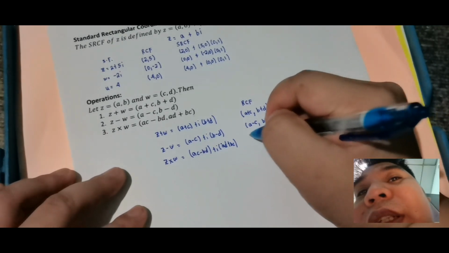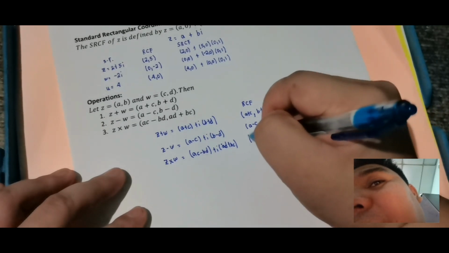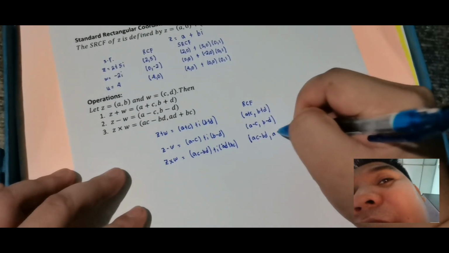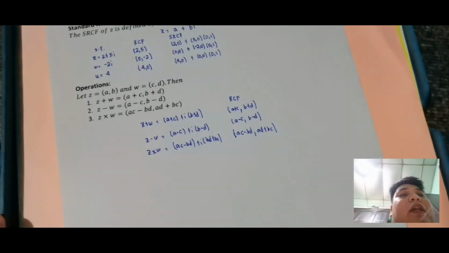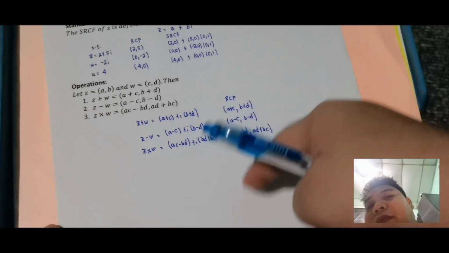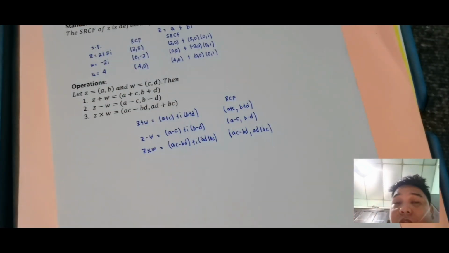So in RCF, this is ac minus bd, ito yung first coordinate, then ad plus bc. Okay, so huwag kalimutan yung formula yan. So para mapadali, ito yung real part, ito yung imaginary part, yung first coordinate, then yung second coordinate. So hindi na ako magbibigay ng example kasi ganoon na din, madali yan, mag-add ka.